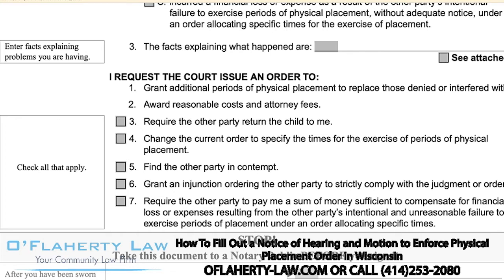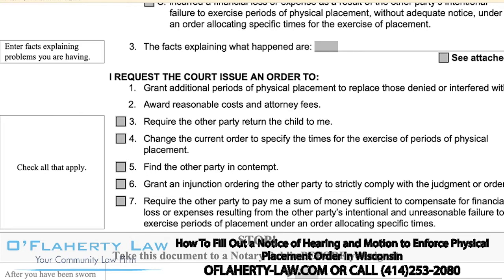If parent 1 has been denying parent 2 visitation, especially over an extended period, the court's going to look to remedy that and to get you that adequate time with your children, meaningful time with your children. The court will award reasonable costs and attorney's fees. You have the right to costs and attorney's fees because the other party disobeying the order that is in place has created a situation where you have to go to court for relief.